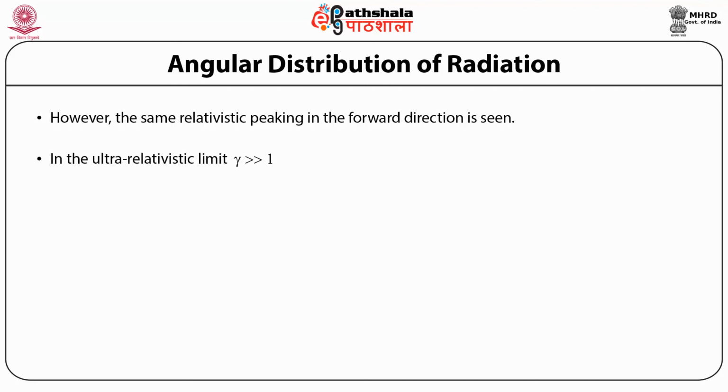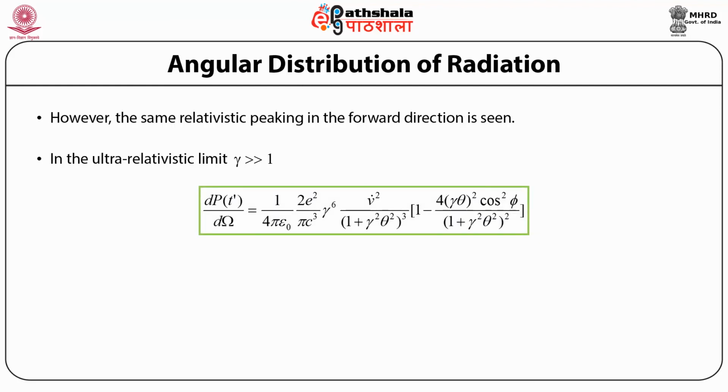Taking the ultra relativistic limit gamma much greater than 1, as we did in the linear motion case above, we get dP(t') by d omega equals 1 divided by 4 pi epsilon naught into 2 e square by pi c cube into gamma raised to power 6 into v dot square divided by 1 plus gamma square theta square whole raised to power 3, into bracket 1 minus 4 gamma square theta square cos square phi divided by 1 plus gamma square theta square whole square bracket close.